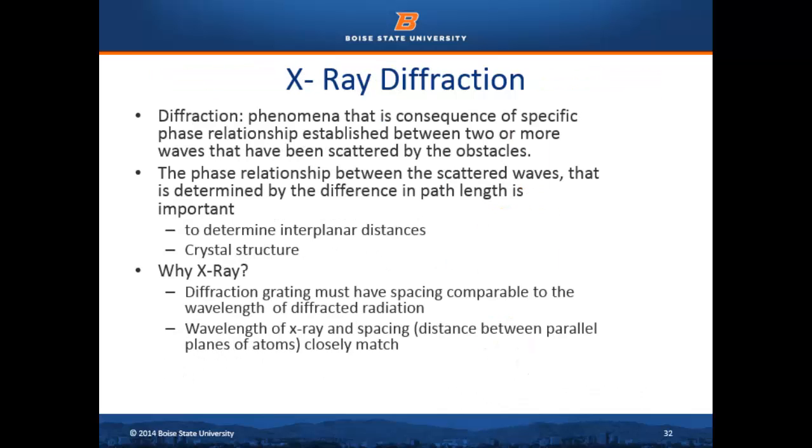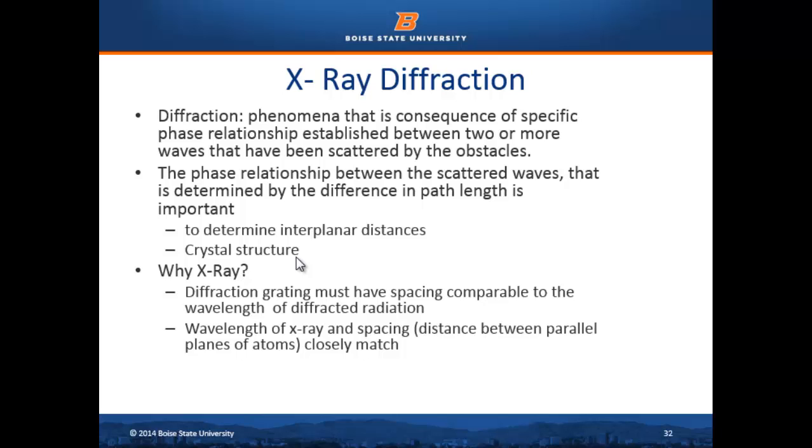Now, let's learn something about X-ray diffraction and how crystal structure is studied. Diffraction is a phenomenon that is a consequence of a specific phase relationship established between two or more waves that have been scattered by obstacles. This phase relationship between the scattered waves, which is determined by the difference in path length, is important in the study of crystal structure and to determine the interplanar distances.